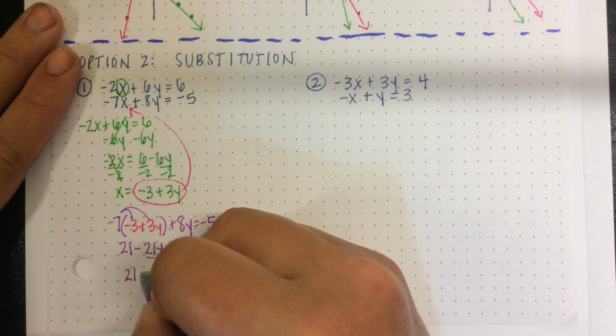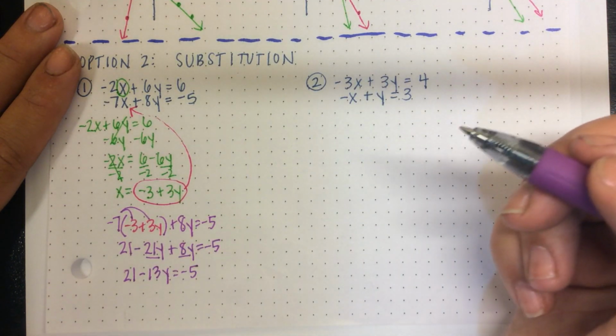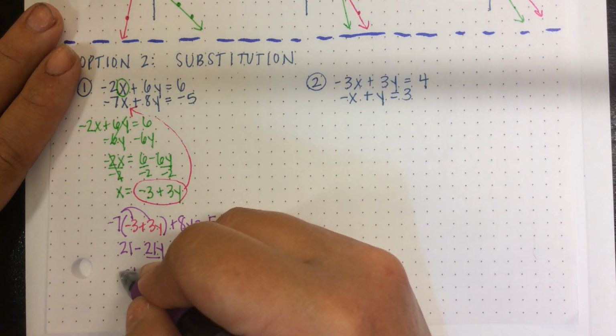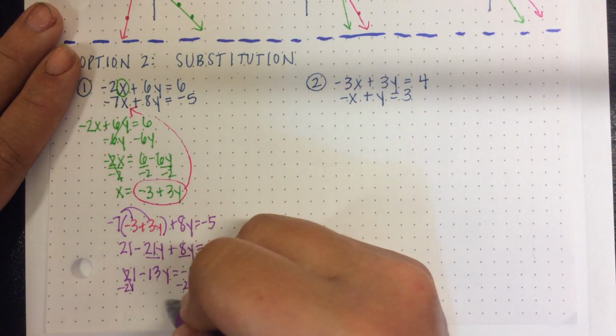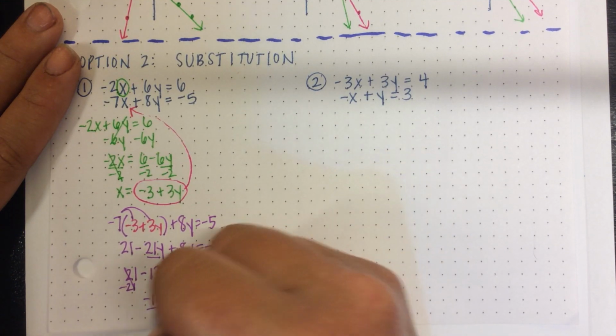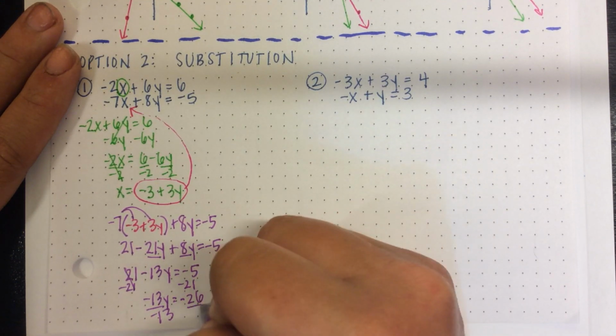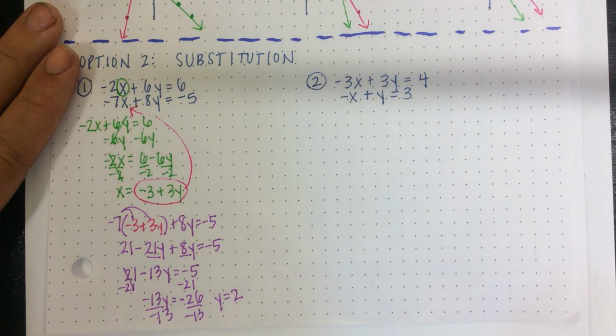So we have 21 minus 13y equals -5. All right, I'm going to subtract the 21 over. All right, so I get -13y equals -26. Divide by -13. And we get y equals positive 2. All right, that's half of my answer.